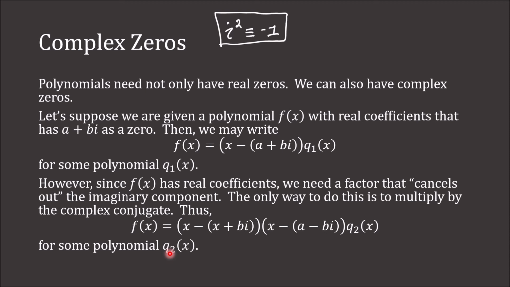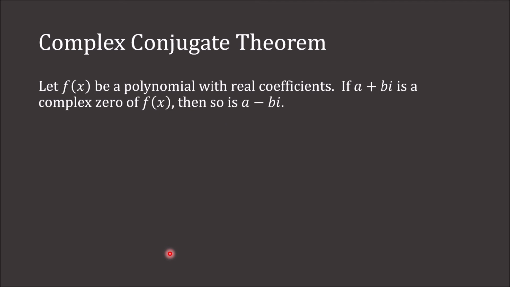So this leads us to the complex conjugate theorem, which states that if f of x is a polynomial with real coefficients, and a plus bi is a complex zero of f of x, then its complex conjugate, a minus bi, must also be a 0.